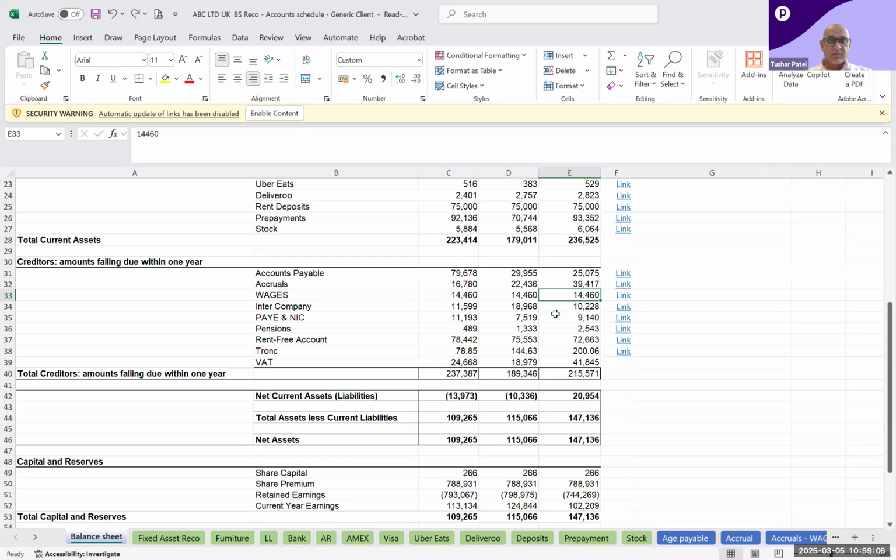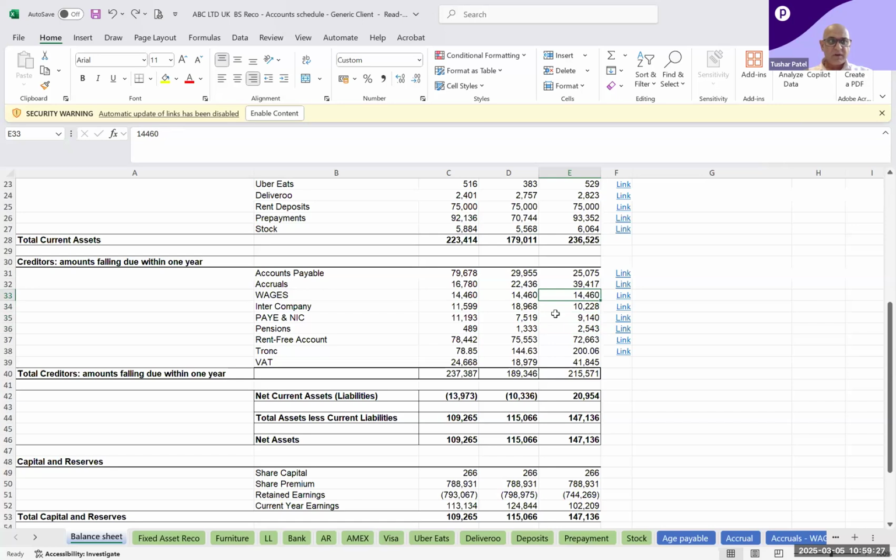Wages. This would be primarily wages, PAYE, NIC, and pensions, and VAT to some element, but I'll talk about VAT separately. They're all timing differences. A good example: this balance sheet is drawn up to the 31st of December.